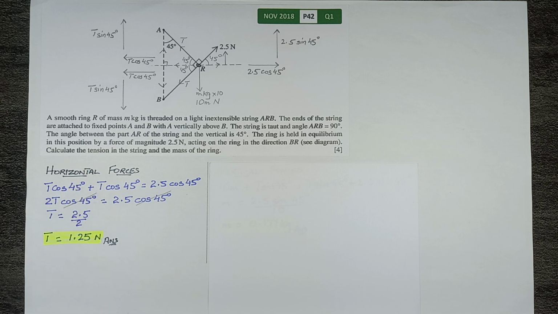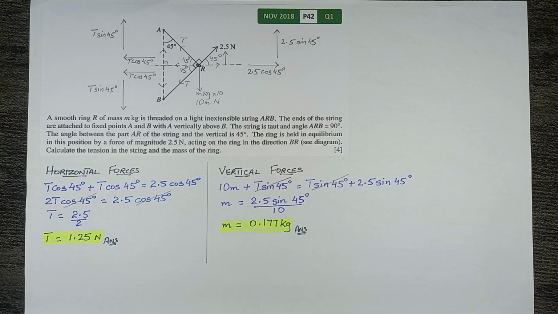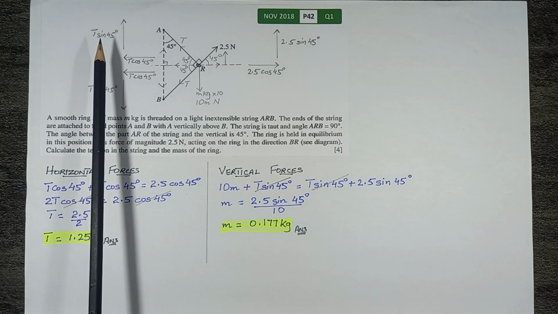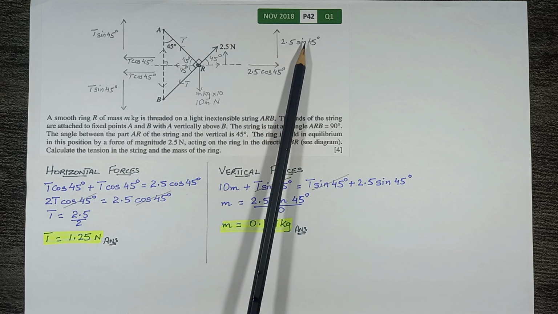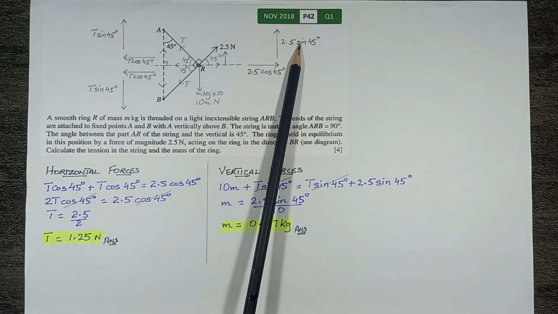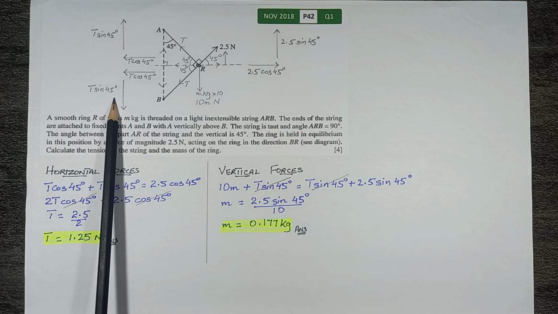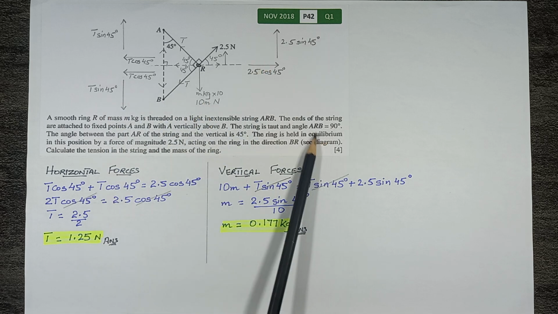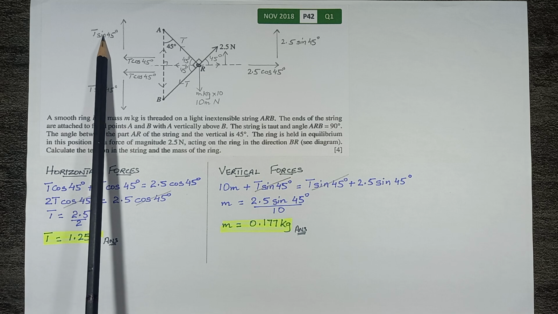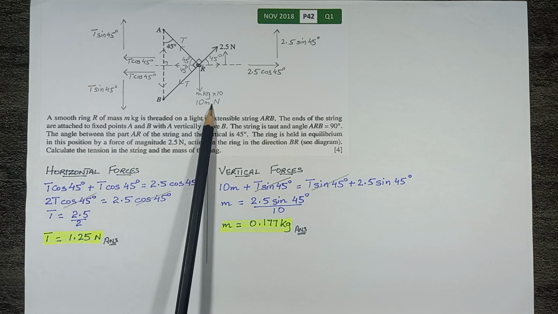For that we would consider the vertical forces. If you just look at the diagram and the vertical components that we have written, we have T sin 45 upward, 2.5 sin 45 upward, and T sin 45 downward and 10m downward. According to the equilibrium, the sum of these two would be equal to the sum of these two.